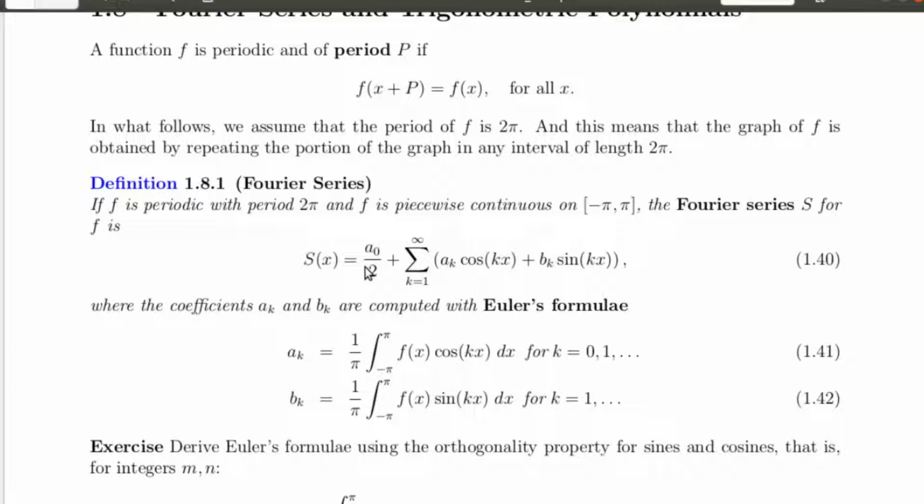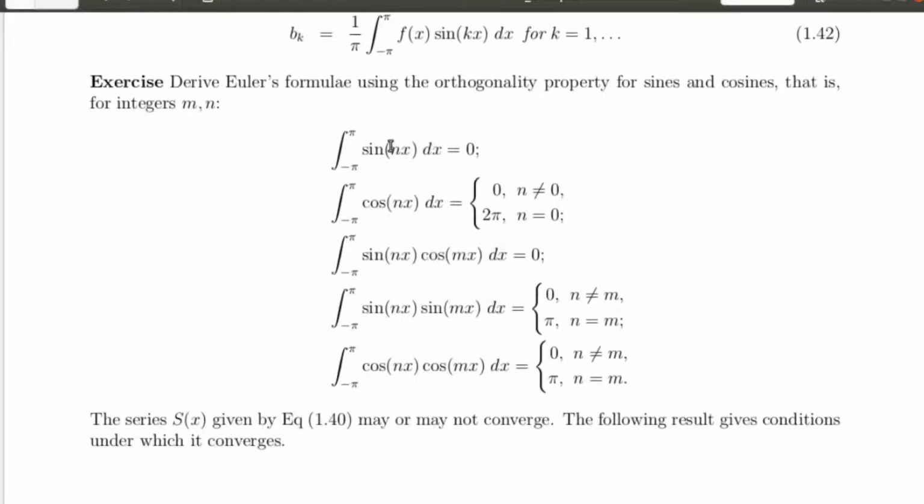So we will stick to this definition. Okay, so in order to derive Euler's formula for a_k and b_k, we use the orthogonality properties of the sine and cosine functions, which are given by these 5 formulas.